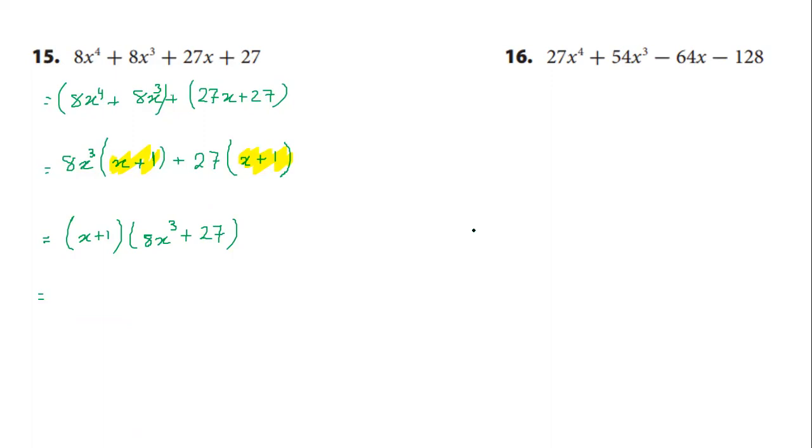Who can do it? Yes, I can complete. Ryan Ahmed, do you know how to factorize 8x cubed plus 27? We are 31 now, 2 left the meeting.